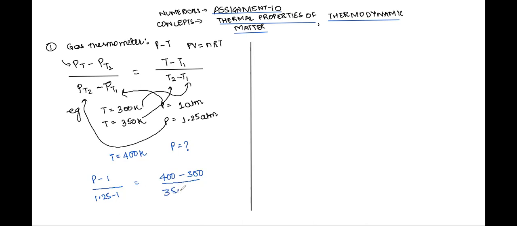So what is happening is that we are finding out the pressure value at a temperature of 400 Kelvin by this formula, correct? So this is how we have come into a format of predicting pressure using given ranges of temperature, right?